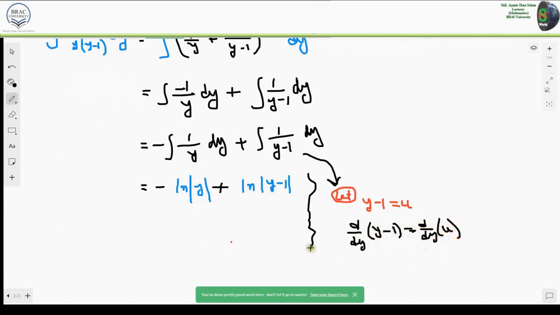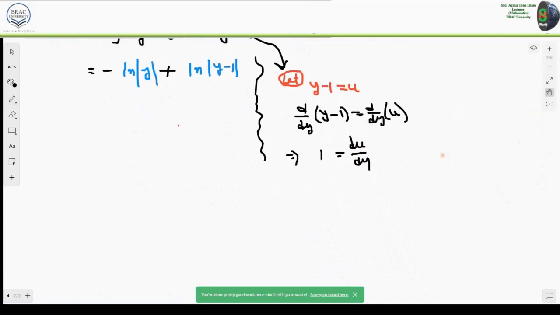So differentiation of y is 1, differentiation of 1 is 0, so I have written just 1, and du dy. So here you will get dy equal to du.